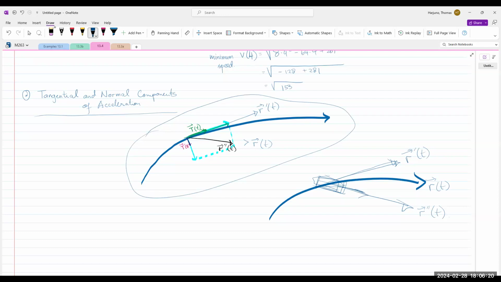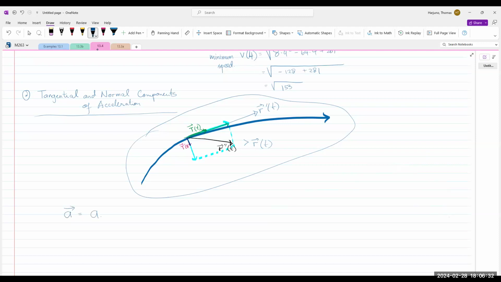Okay, now the thing is we want to rewrite our acceleration as the tangential component times the unit tangent vector plus the normal component times the unit normal vector.